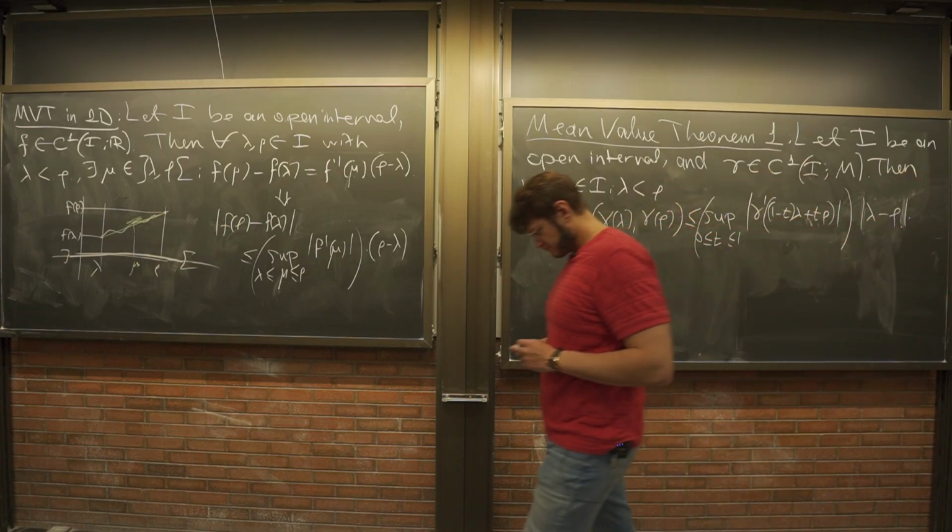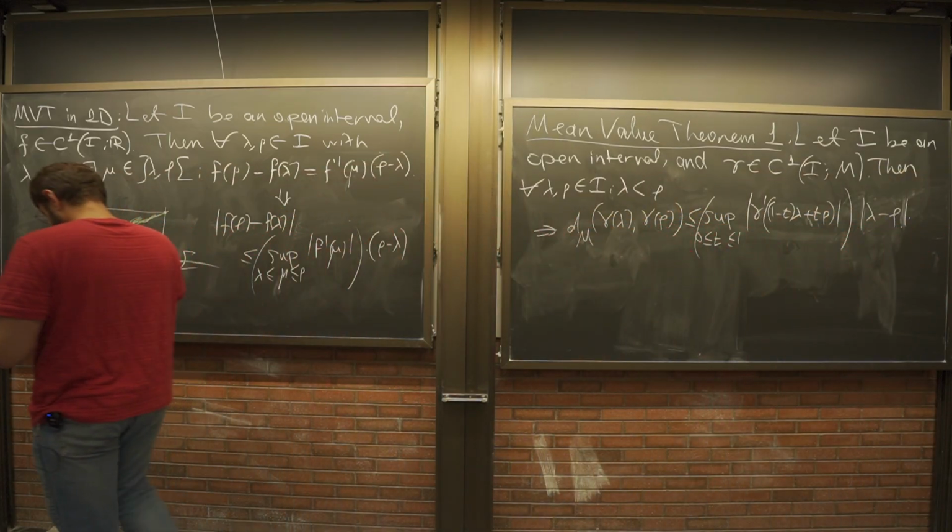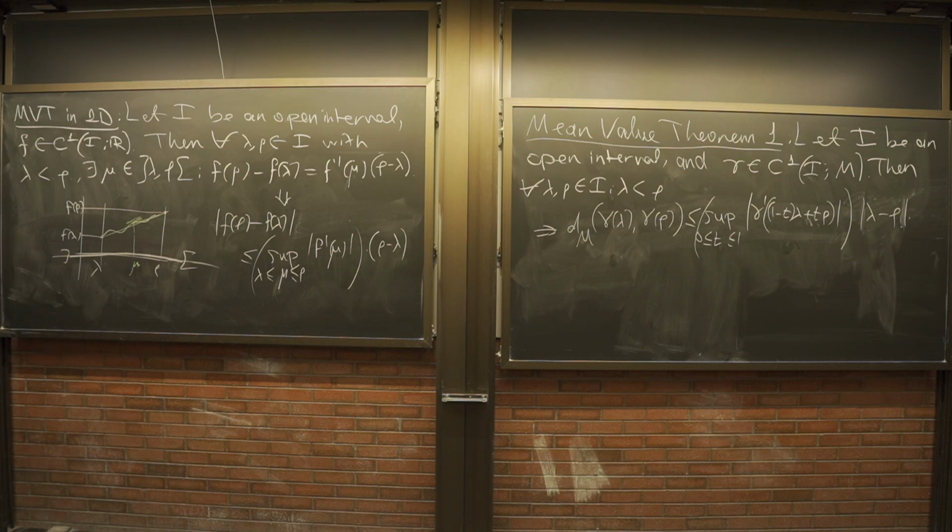Let me think. At 0, it's at lambda. At 1, it's at rho.